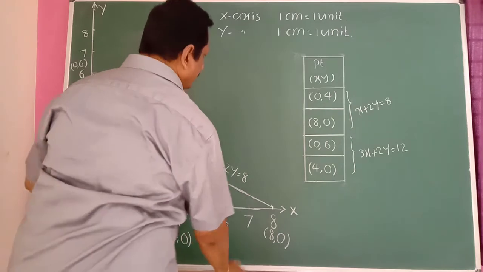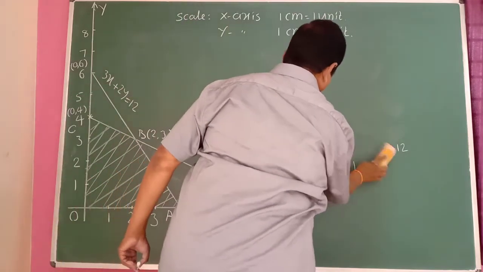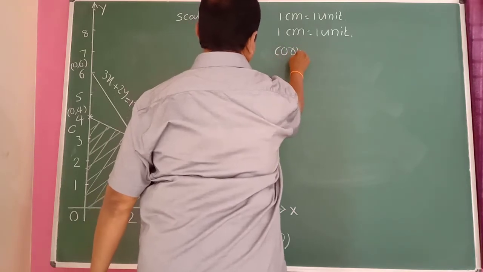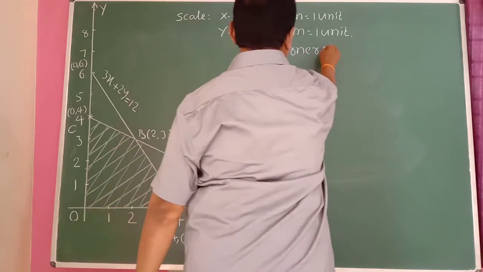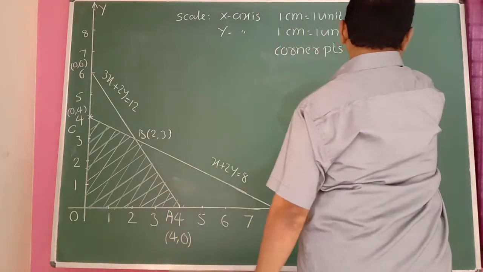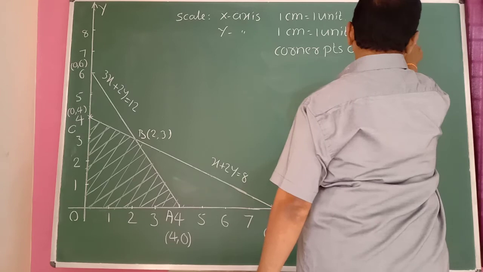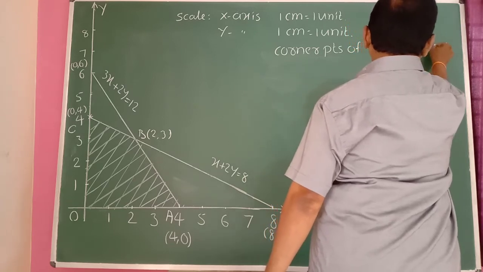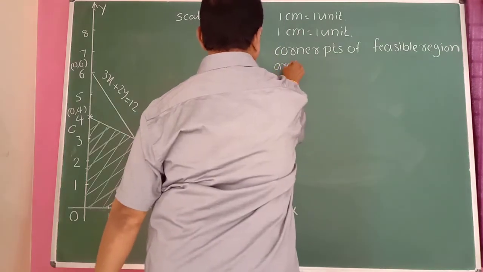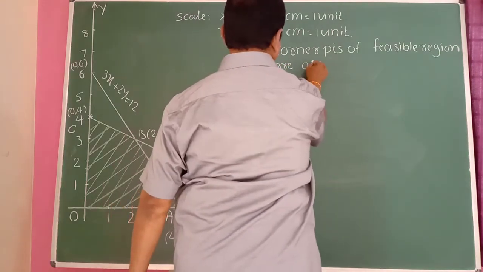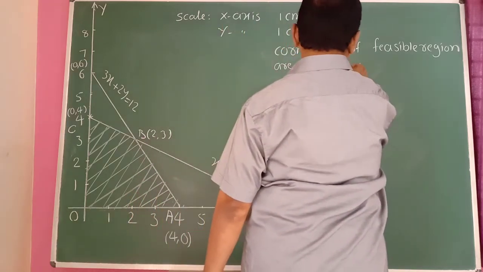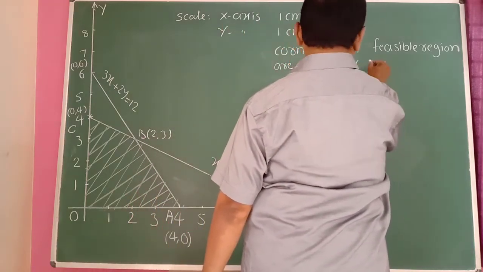Therefore, the corner points of feasible region are origin 0, 0, and coordinate of point A, so 4, 0.